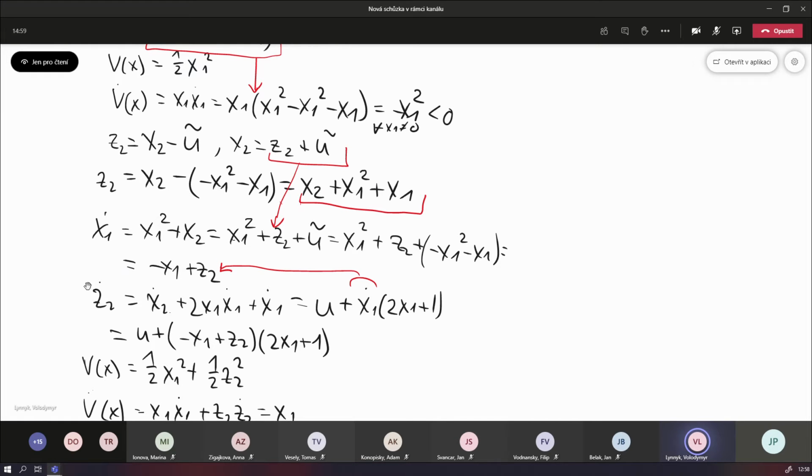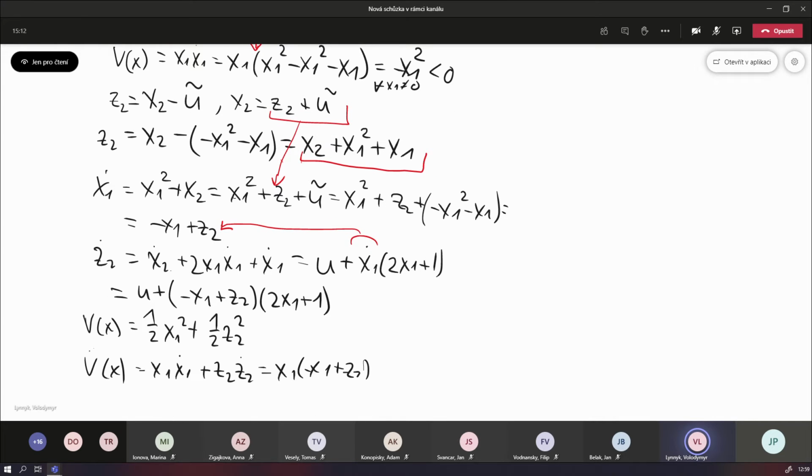Here our x1 dot equals minus x1 plus z2, so it is x1 times (minus x1 plus z2), plus z2 times z2 dot, and z2 dot equals u plus (minus x1 plus z2) times (2x1 plus 1).